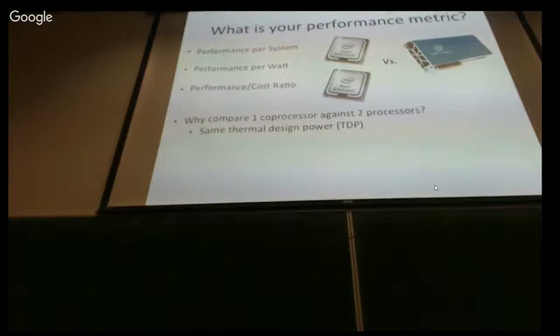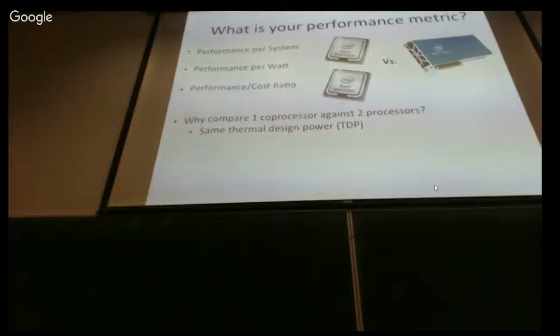Why compare one coprocessor against two processors? This is something that's important here. You don't compare your results on Xeon Phi versus one socket Xeon, so not against a single Xeon chip, because Xeon chips don't typically come in a single socket form factor.